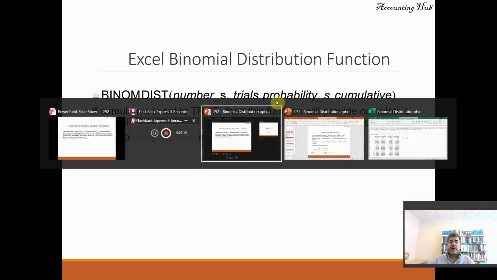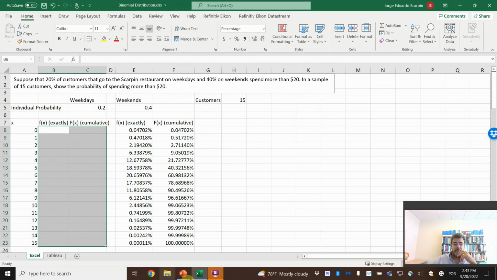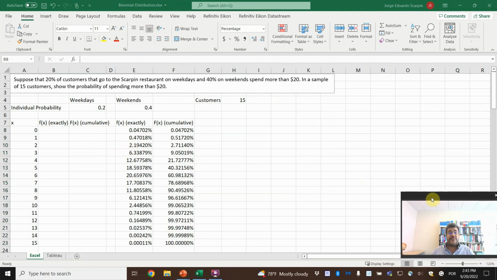So let's go to our Excel file and let me delete one and the other one, because I will not be doing the math twice. So suppose that 40% of customers that go to Scarpin restaurant, my fake restaurant, on weekdays, and 40% that go on weekends spend more than $20.